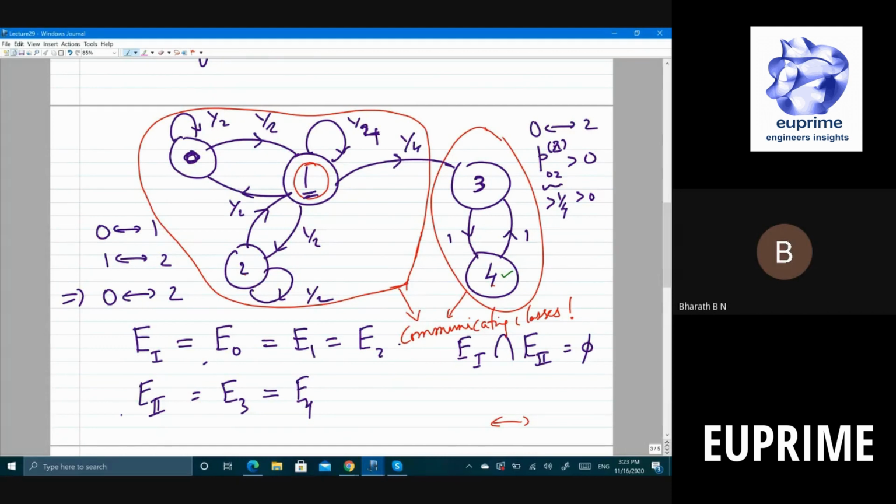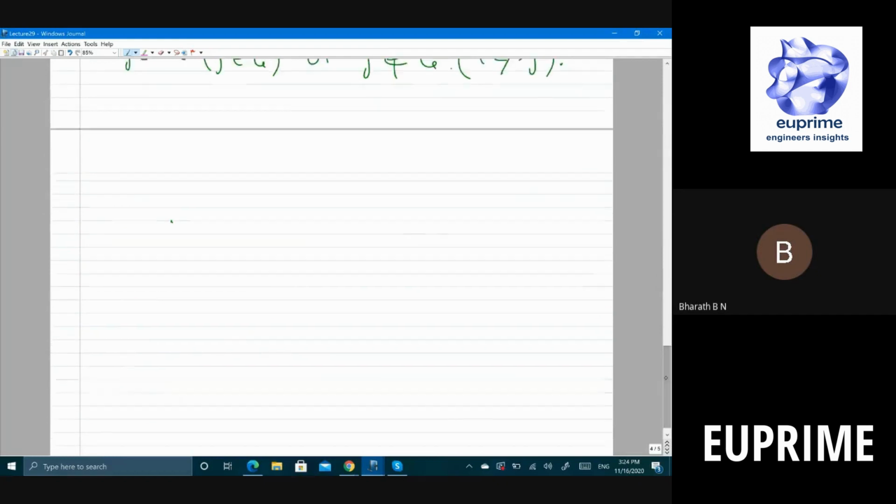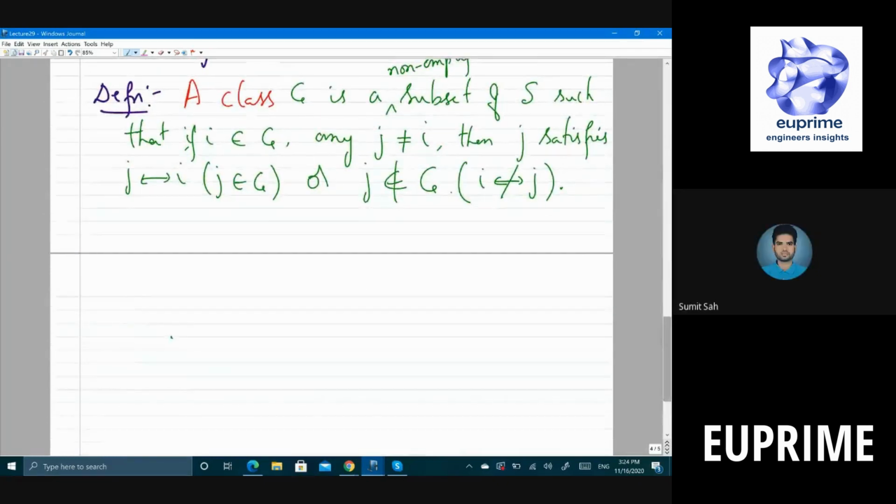I cannot go from 4 to 1, or 4 to 2, or 4 to 0. Forget about that. I cannot go from 3 to 1 also. Therefore, they belong to a separate class. Is that fine, everyone? Rishabh? Yes, sir.